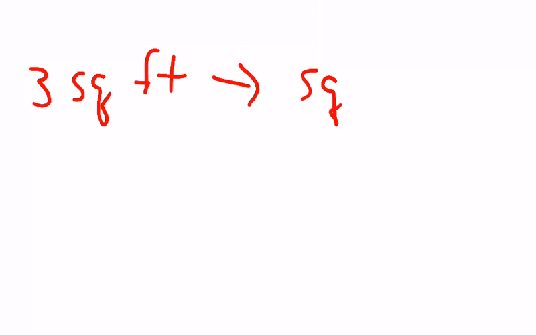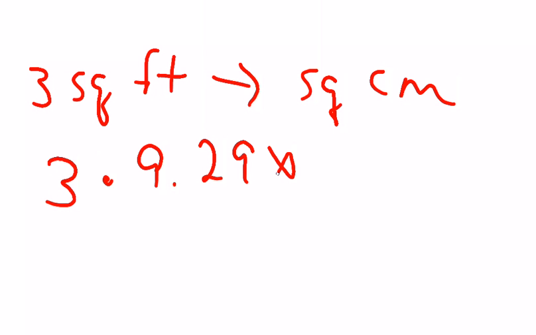Another example of area, 3 square feet to square centimeters. For this one, the conversion is actually written in scientific notation, so we can either use it in its scientific notation, or we can convert that to a standard number. The measurement they give us is 9.29 times 10 to the negative 2.